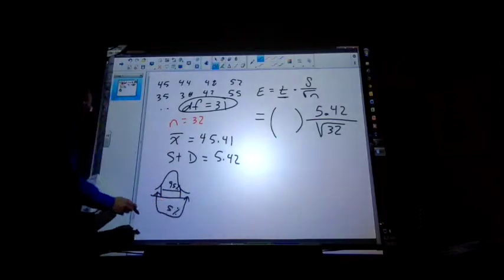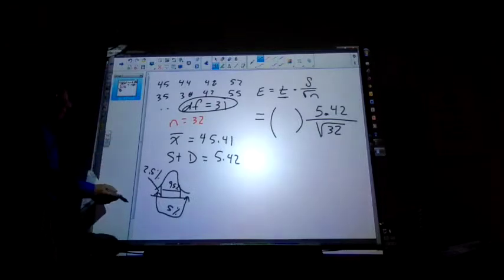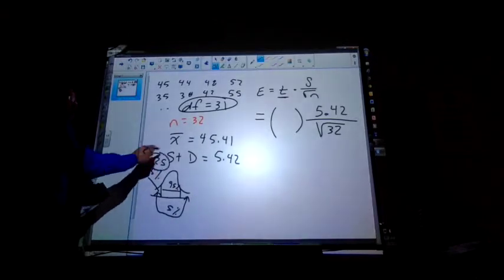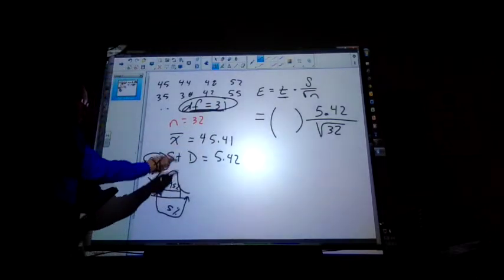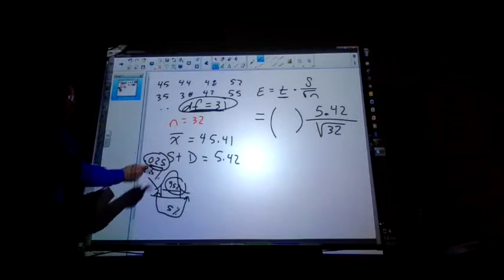So each tail is going to account for how much percent? 2.5%. And 2.5% as a decimal is what? 0.025. So I'm going to use degrees of freedom 31, 95% confidence interval, and 0.025.